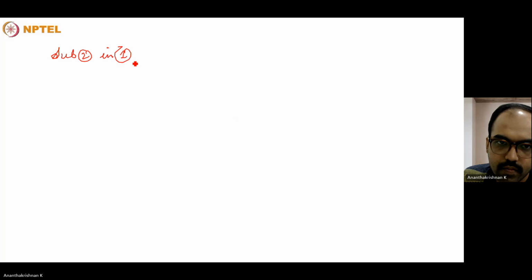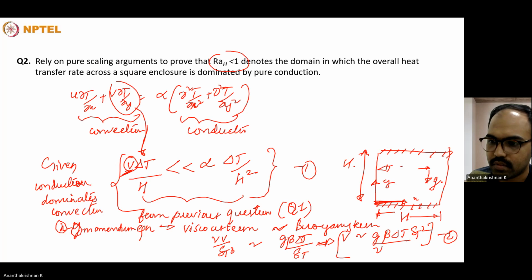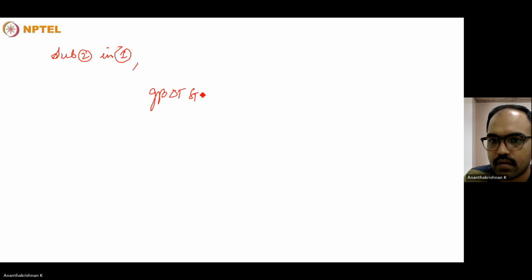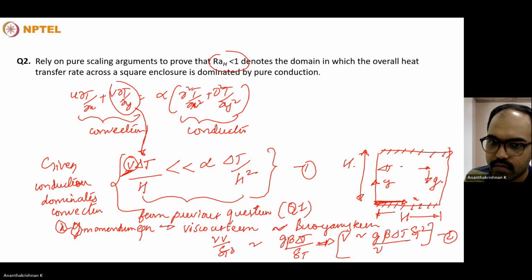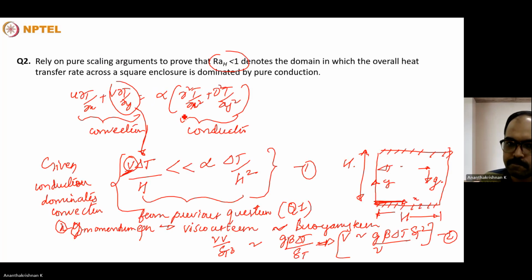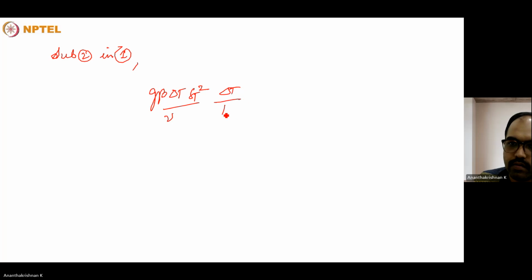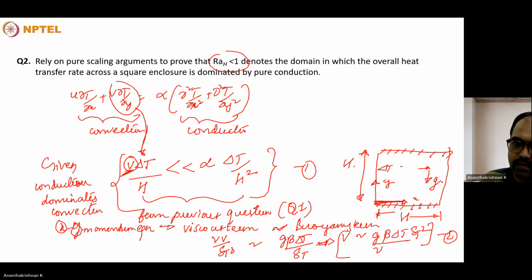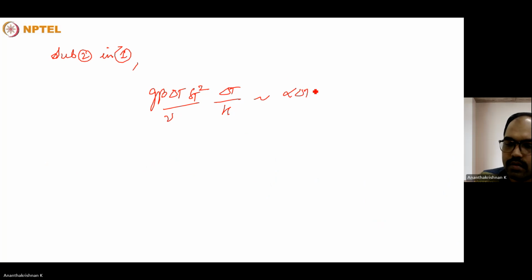So substitute 2 in 1, and on the left and right we'll cancel out a few terms. That will be equal to g beta delta t.